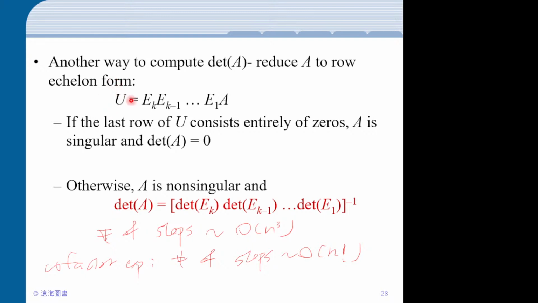If the row echelon form has a row of zeros, then your determinant is just 0. If not, then the determinant of it is 1 because it's a triangular matrix. And because the determinant of a product of matrices is equal to the product of the determinants, you can calculate it as 1 over the product of the determinants of all those row operations.